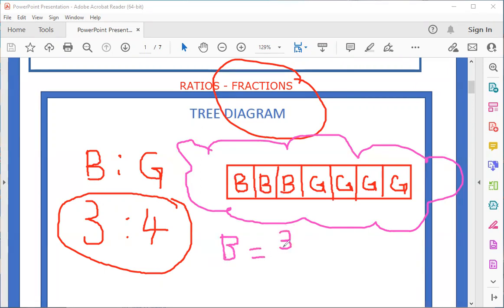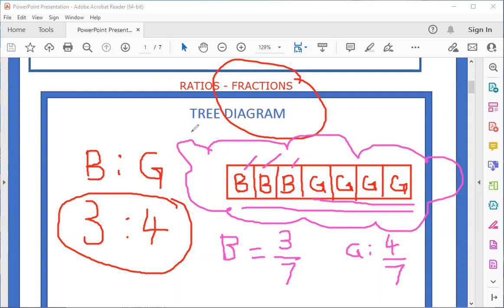You can easily say it's 3 over 7 because 7 is the total. Now, if I read that again, 3 parts out of 7 parts. What is the fraction for green? 4 parts out of 7 parts.